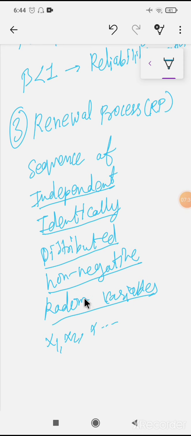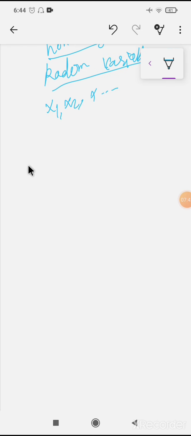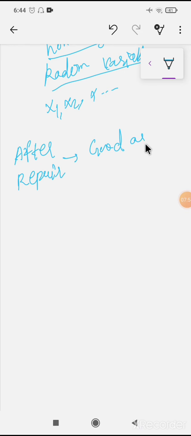In this case, the system after repair will be good as new, showing a renewal type of behavior.